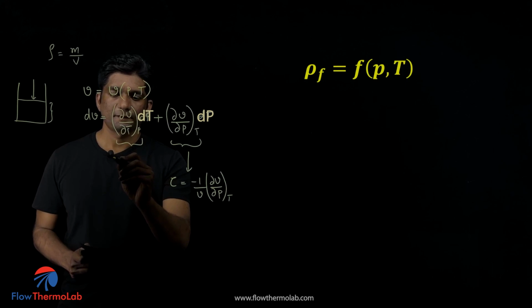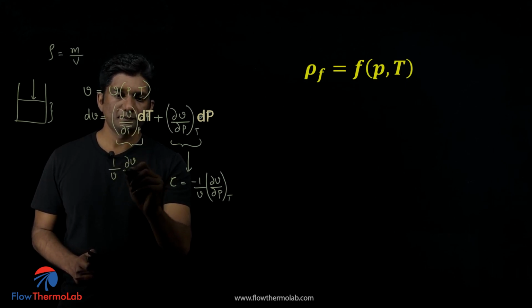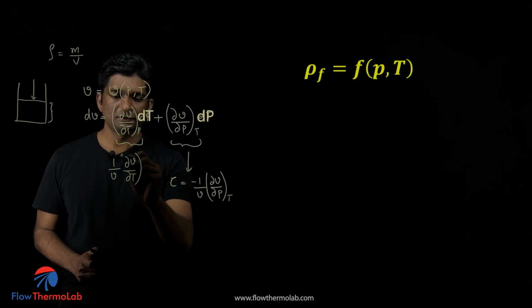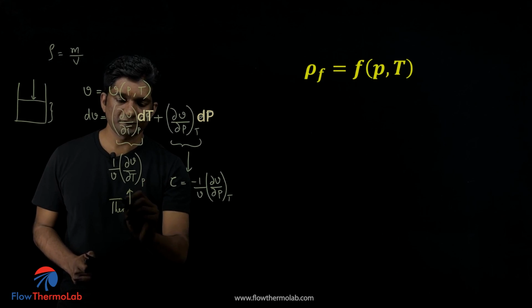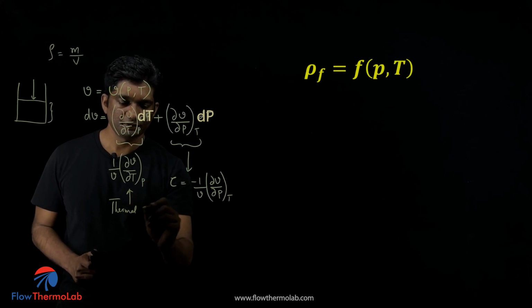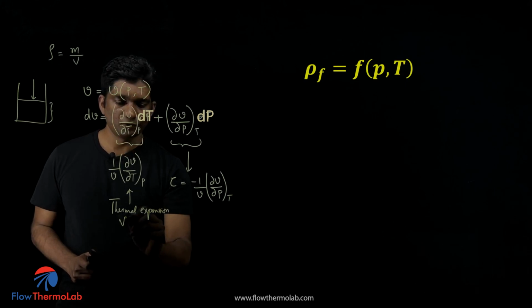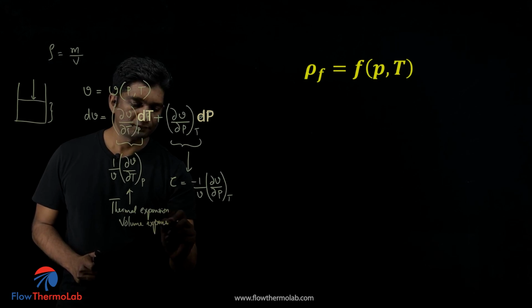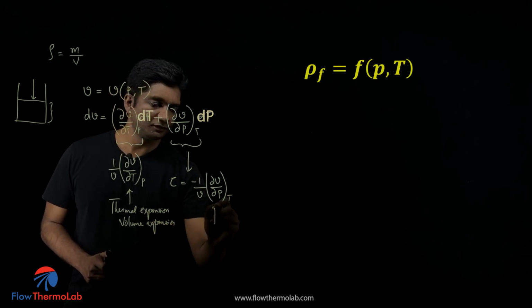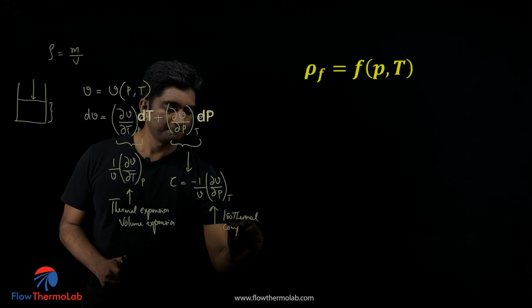This is 1 by V ∂V/∂T at constant pressure, and this term is the thermal coefficient of expansion. Thermal expansion coefficient or volume expansion. This one, as we told, is isothermal compressibility.